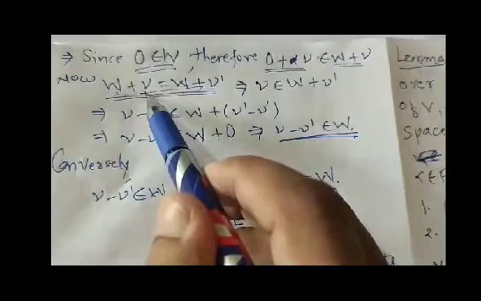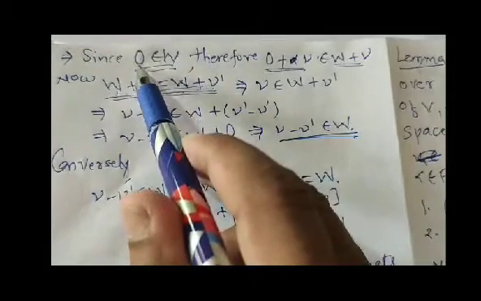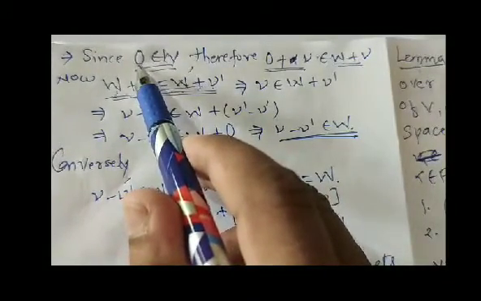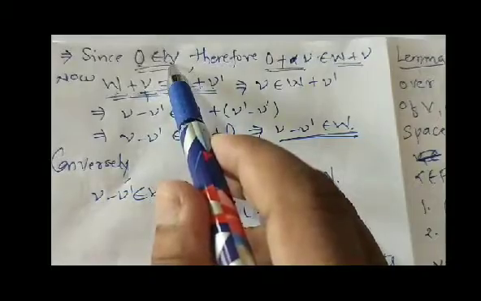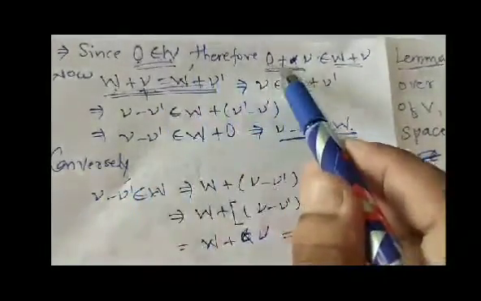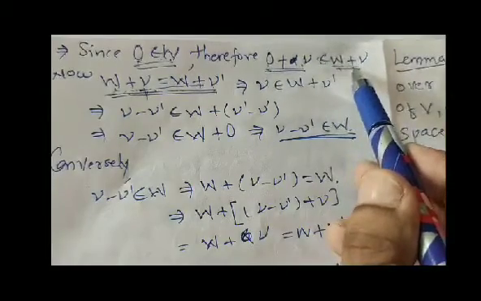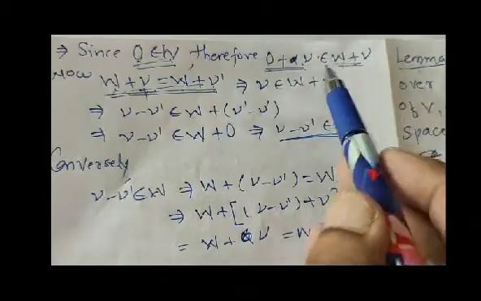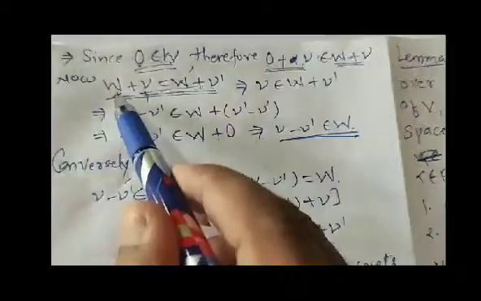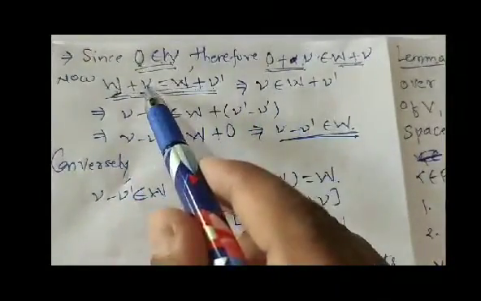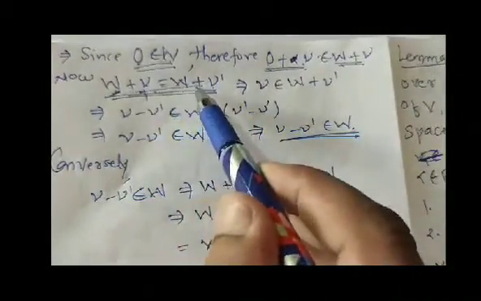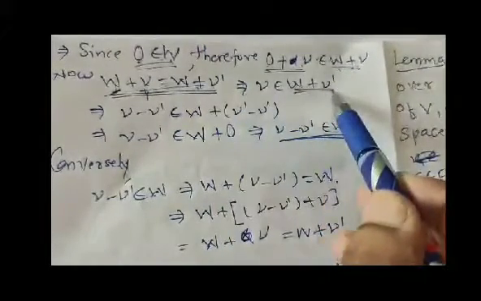But we choose this vector, the 0 vector belongs to W. So 0 plus nu belongs to W plus nu, 100%. So if we choose this 0, we get this nu is an element of W plus nu dash.